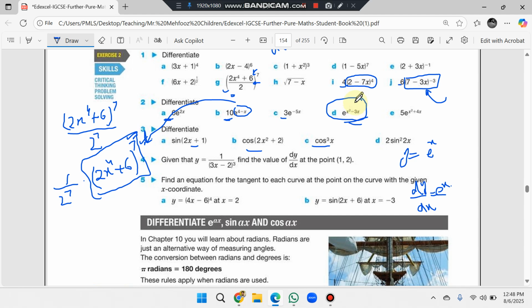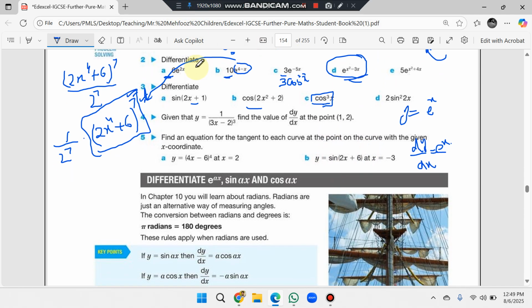I'm not sure how to solve parts C and D. First of all, you have to use the power rule. By the power rule, you can see what your function is. It becomes 3 cos square x. Or you can also write it as, if I solve this question, y is equal to cos cube x.